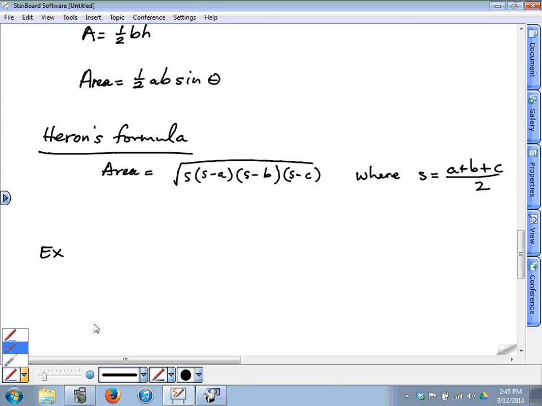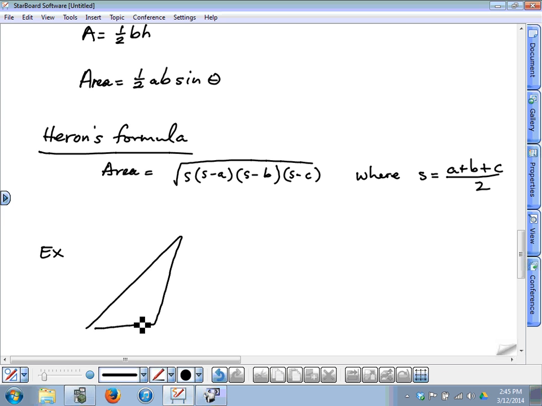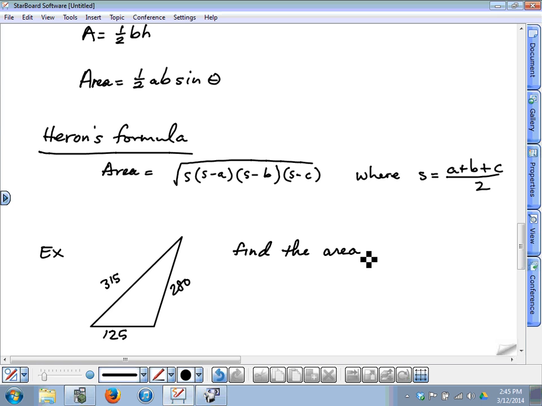So if we have a triangle like this, with sides 125, 280, 315, and we need to find the area.